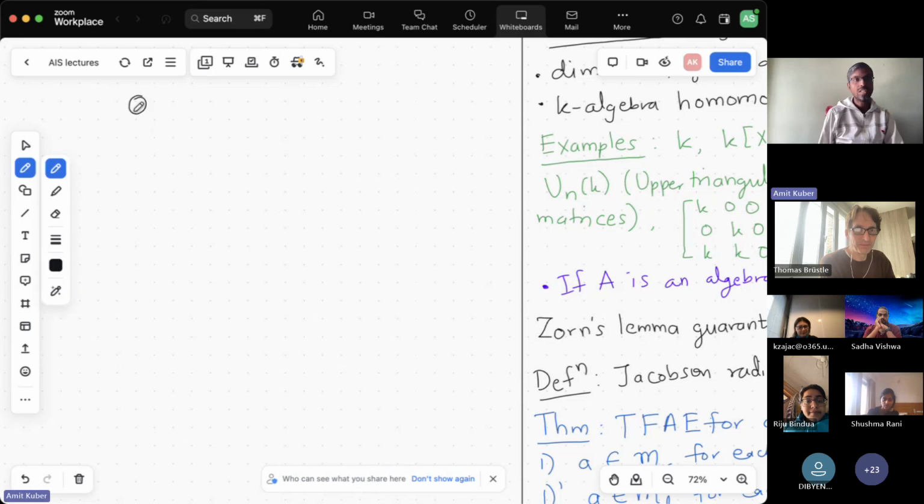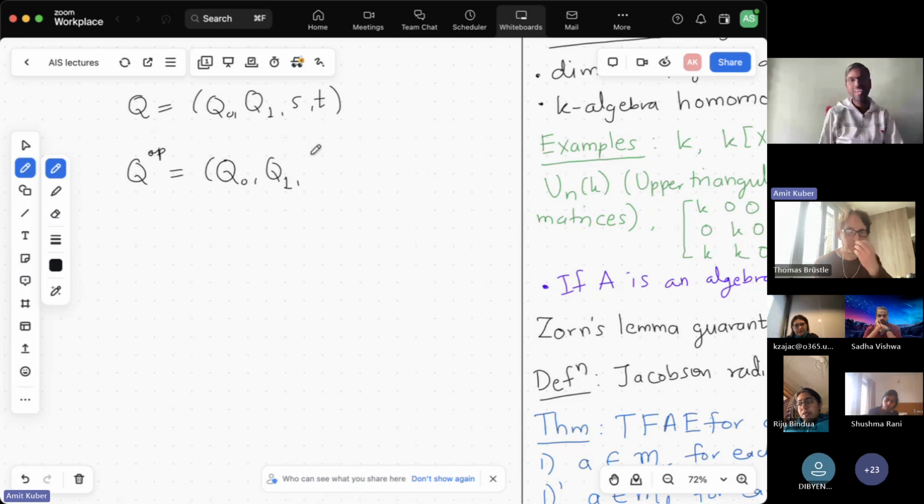So if Q is the original quiver, which is Q0, Q1, source and target, if we simply change these functions, so we take the same set of vertices and arrows, but we change the source and target of the arrows, then we will get the corresponding algebra.